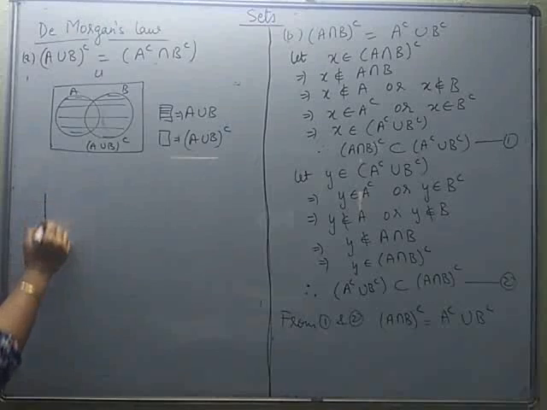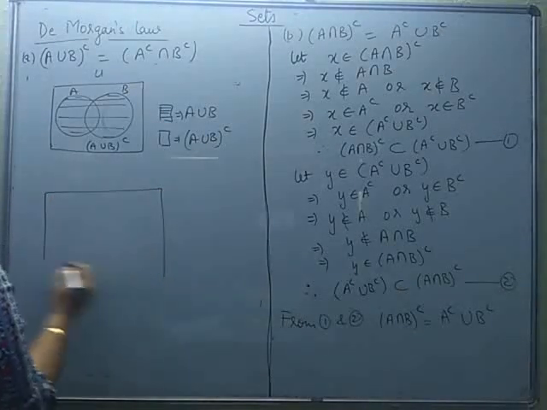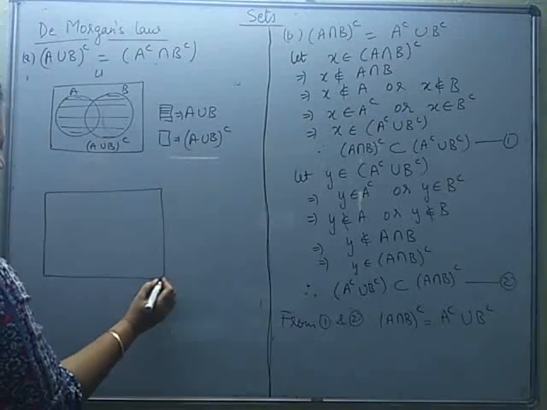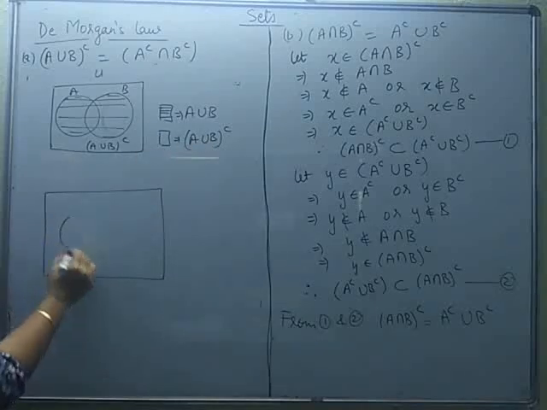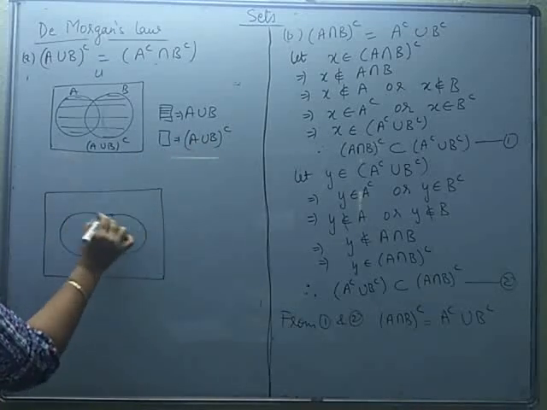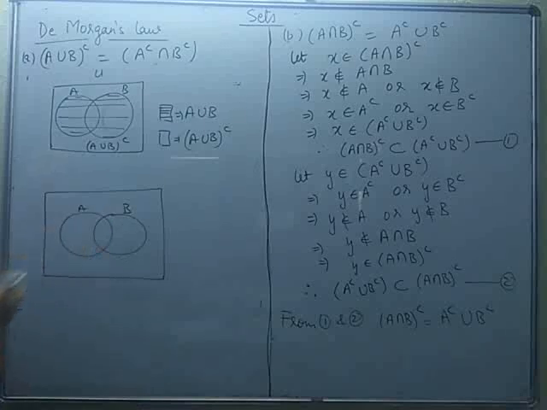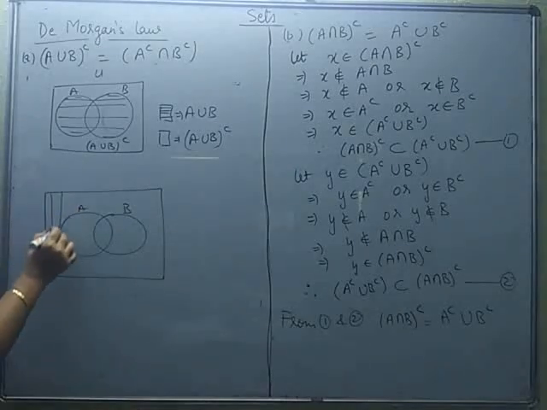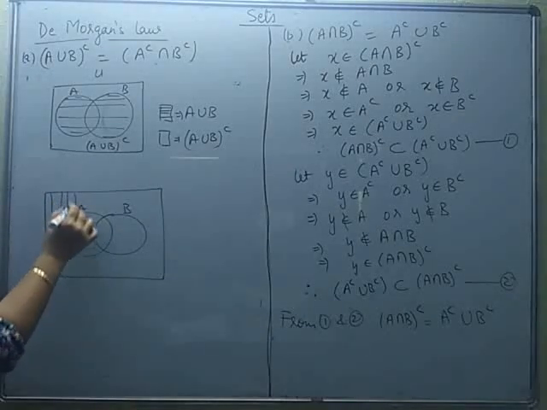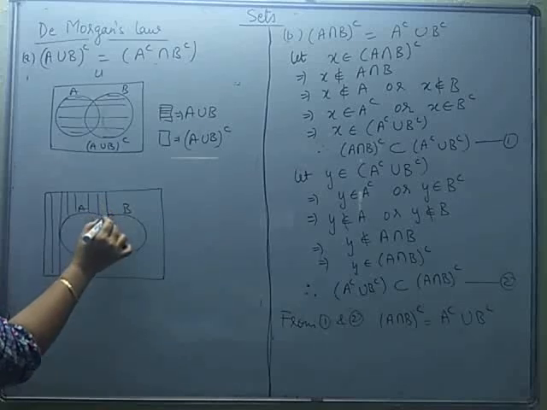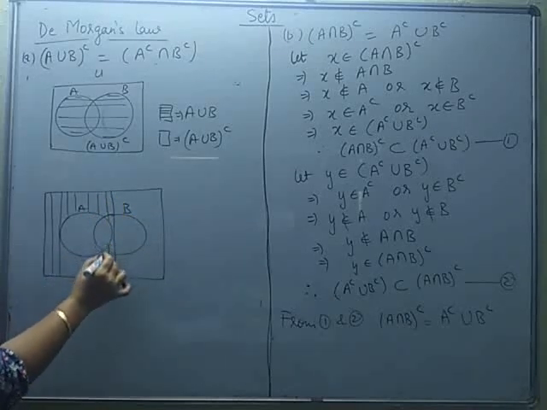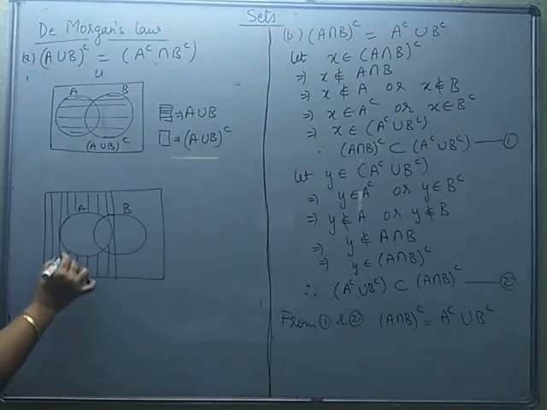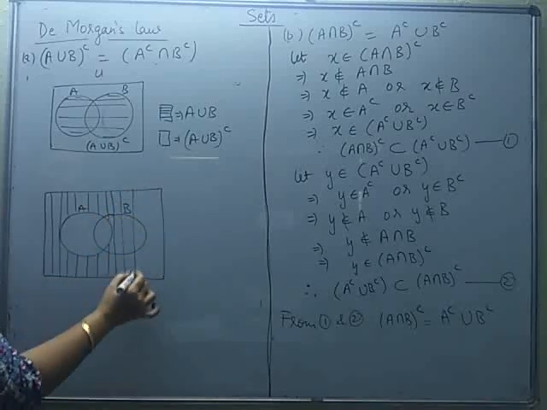Now moving on to the right hand side. Let us see, does it denote the same portion? So this is A, this is B. I will shade complement of A. Complement of A means outside A you have to shade. I am making these vertical lines outside A. So this is all A complement.